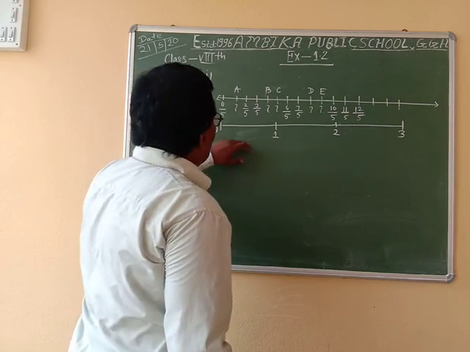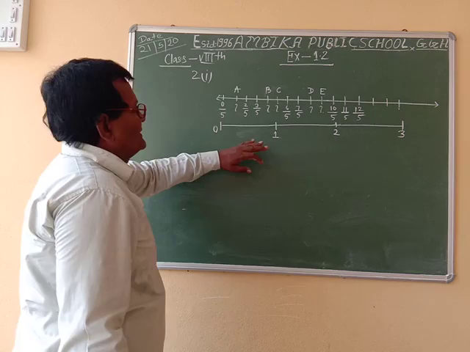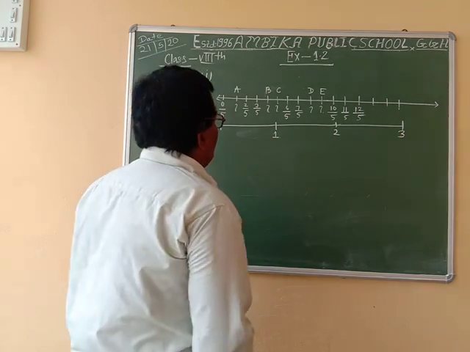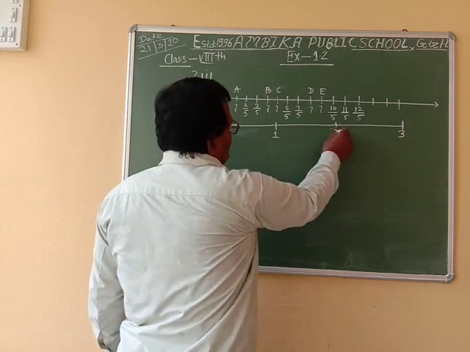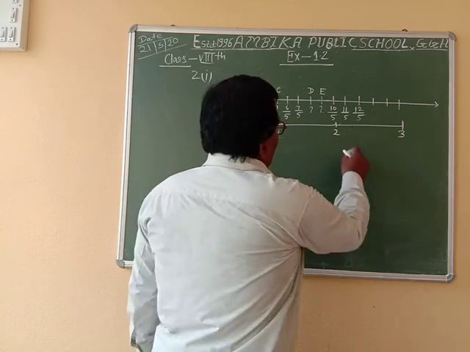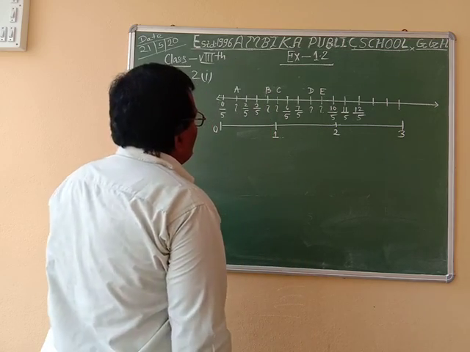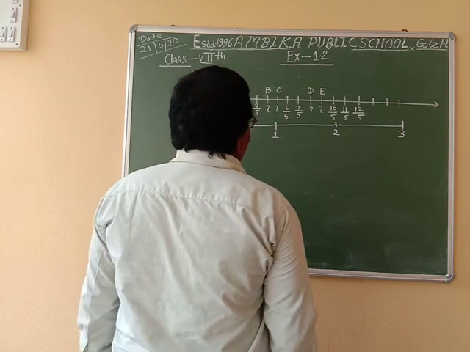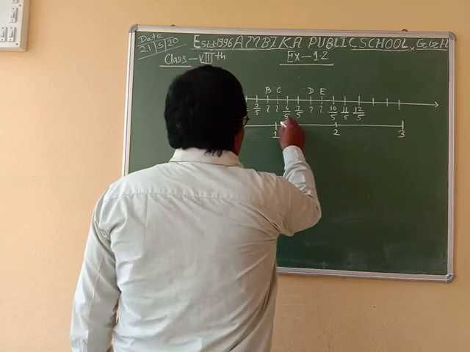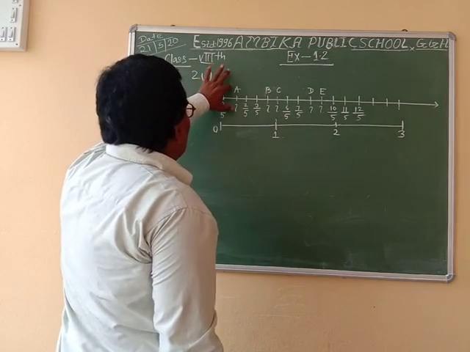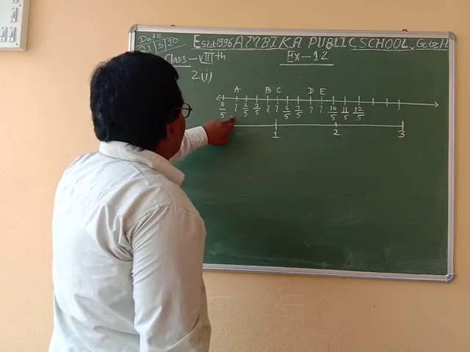Here 0 and 1 is divided into 5 parts. 1 and 2 is also divided into 5 parts. 2 and 3 is also divided into 5 parts. So the first point A will represent 1 by 5.